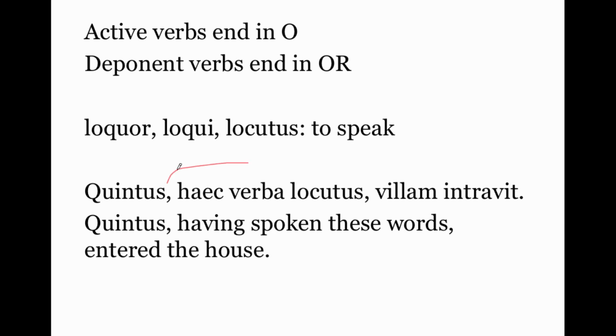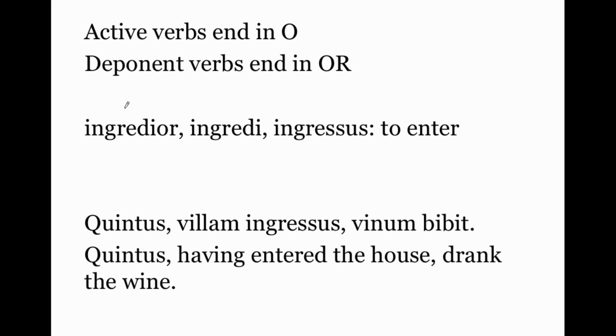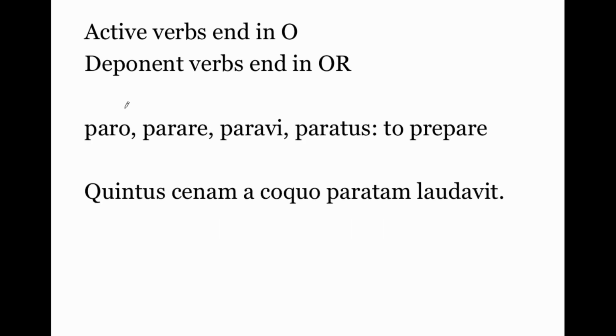So, haec verba is the direct object of the active past participle locutus because it is a deponent verb. Ingredior, ingredi, ingressus, to enter. Quintus, having entered the house, villam ingressus, vinum bibit, drank the wine.